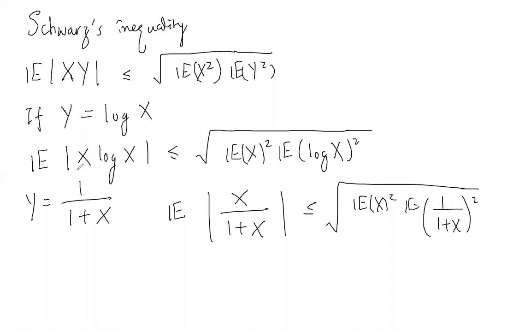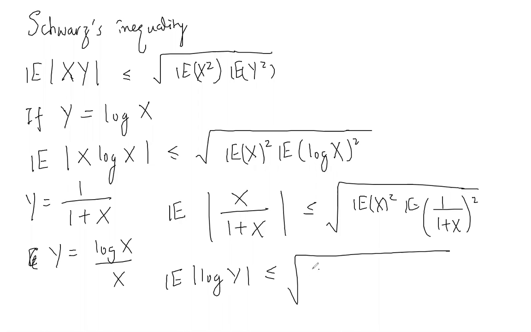So for example, over here, you can also do something like this. If you take y equals to log x over x, then you would get expectation of absolute log x, because when it multiplies with x, it will cancel, but then you will get bounded by expectation of x squared times this.